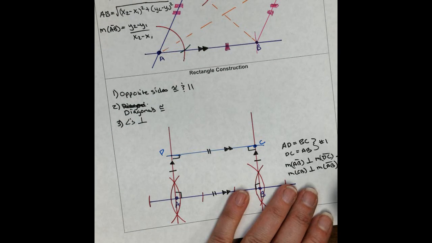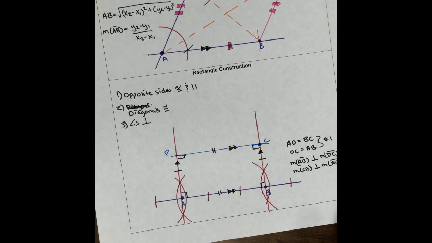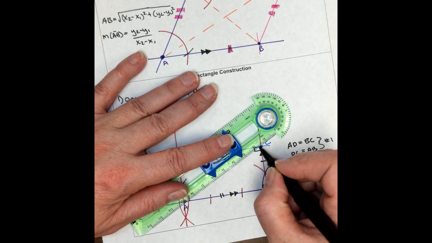That's number 2. And then number 3, if this is perpendicular and the opposite sides are congruent, I could also use the diagonal if I wanted to.